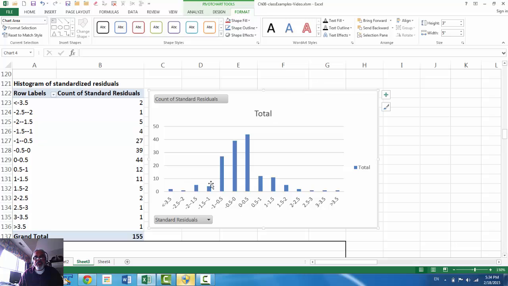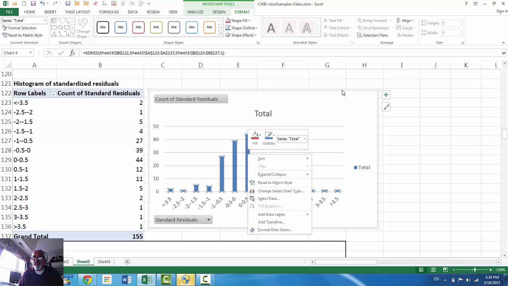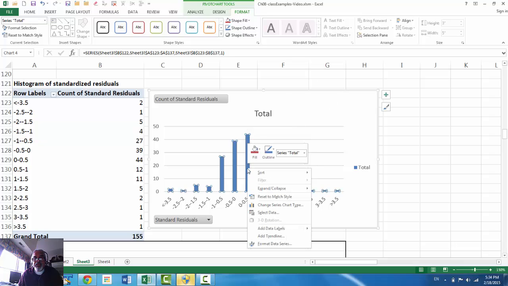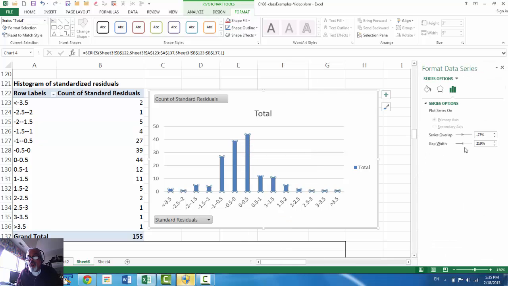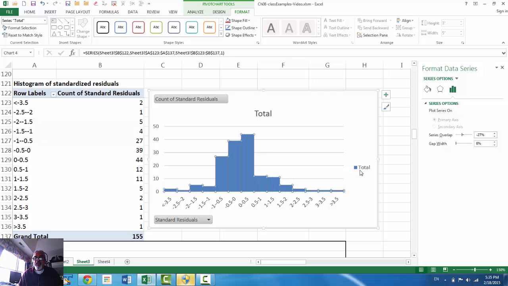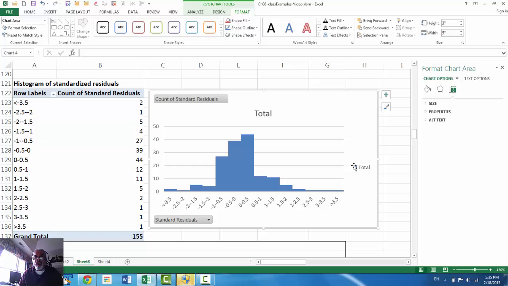Now this is a histogram, so we need to remove the gaps. Right click, say Format Data Series, and you see Gap Width; take that down to 0. Then we don't need this legend, so let's get rid of that.